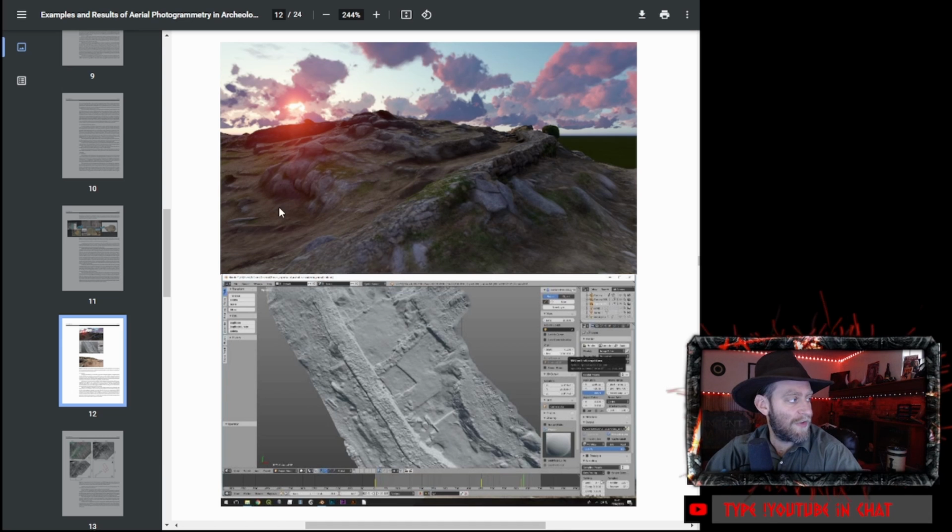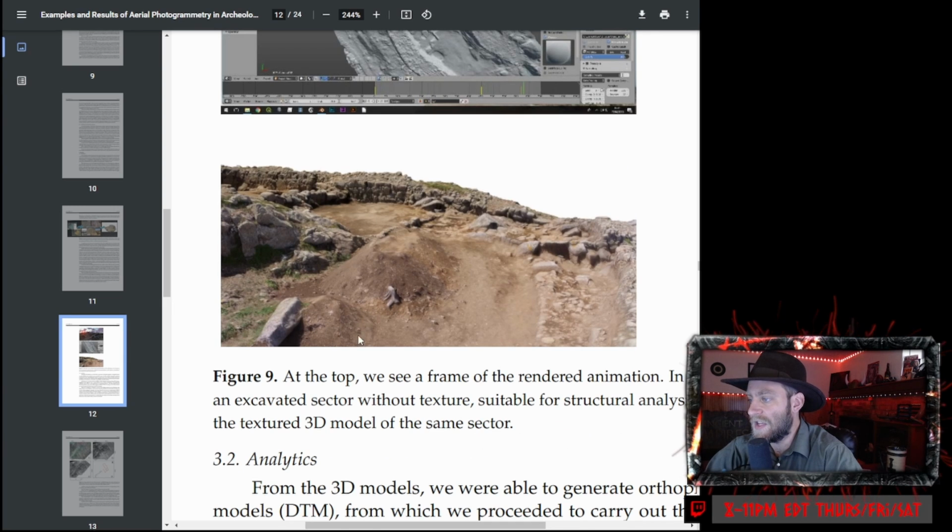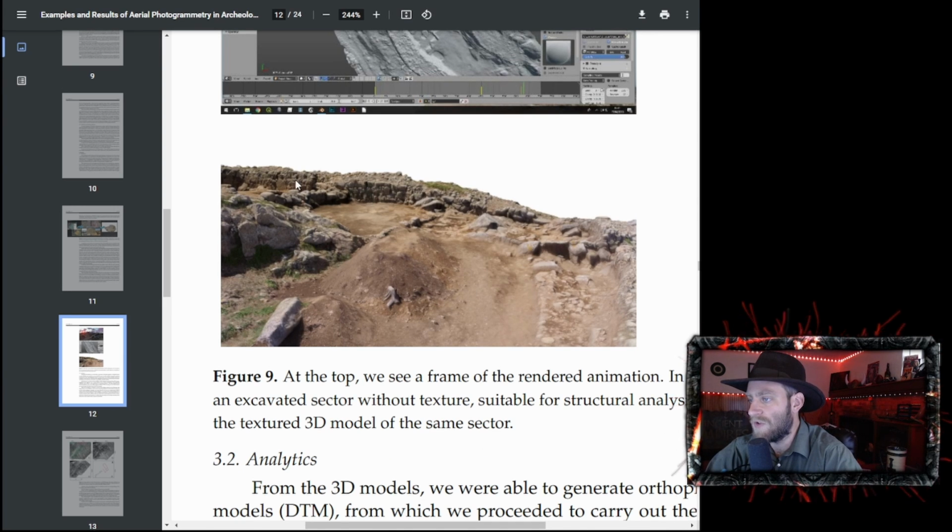And now you can tell that there are some graphical errors, like it's a bit smudged over here, and there's a bit more smoothness to the texture in a lot of places. But you can tell so much about this site, this area, and what it might have looked like based on these images. And this is kind of like the 3D overlay within the program, or the photograph overlay within the program. These things are indicating where the landform was, where the disturbances are, where these rock walls are.